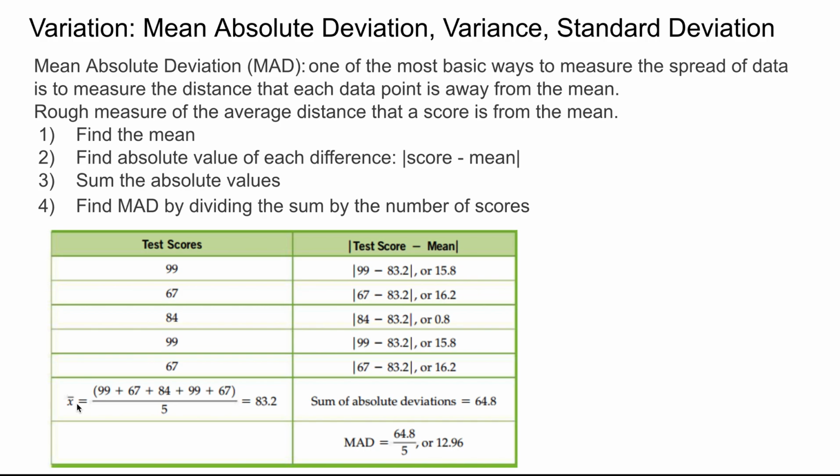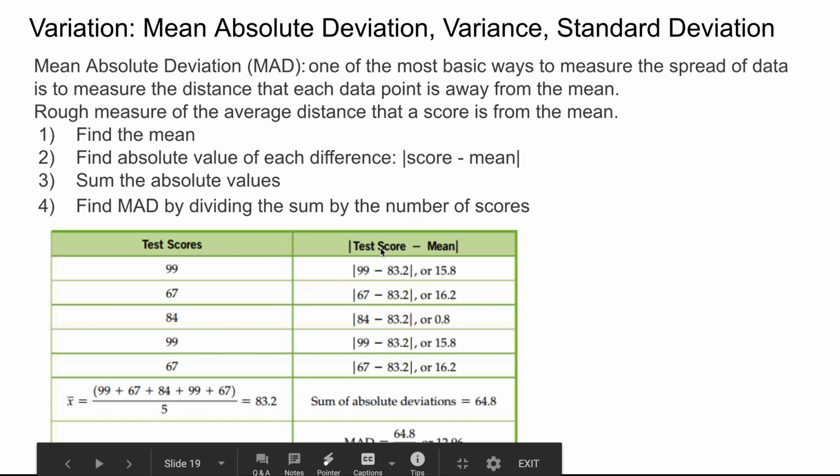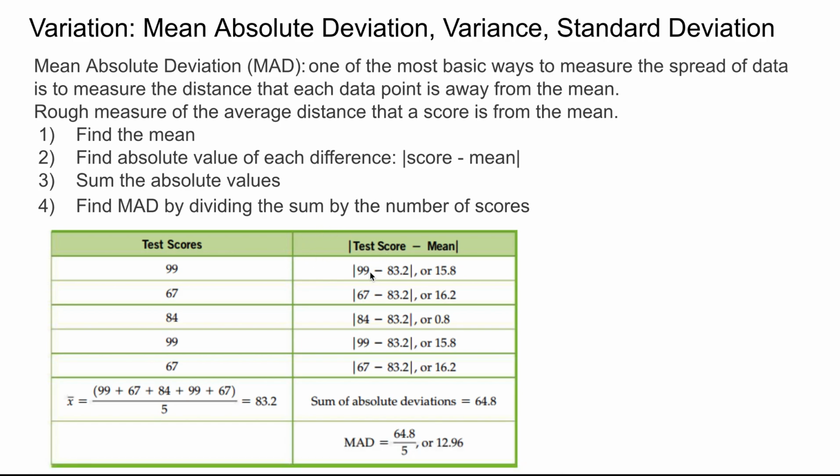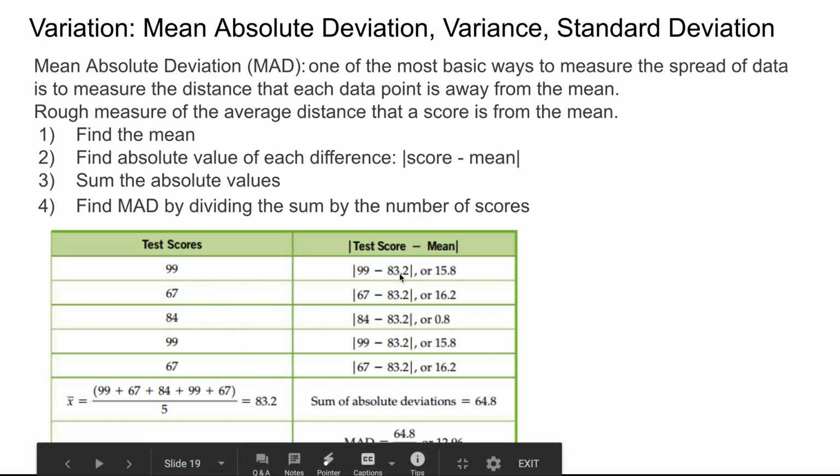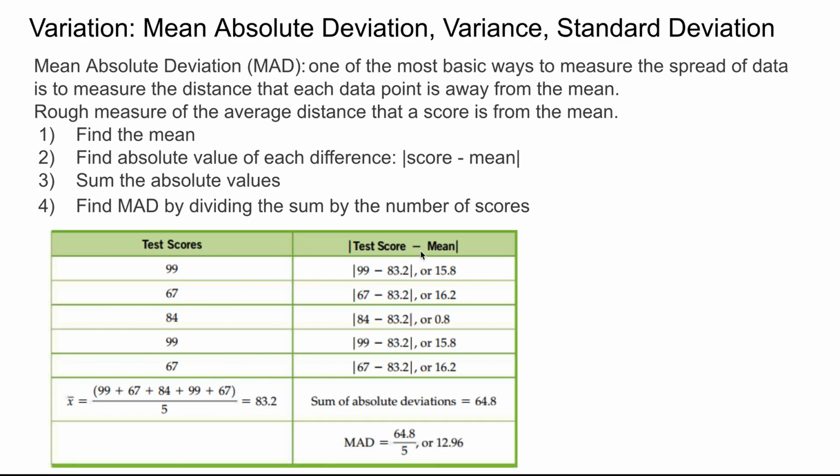Then you're gonna find the absolute value of each difference between actual score and the mean. So here in the second step, you're gonna find the difference between test score and the mean. So 99 minus 83.2 and find the absolute value, which is 15.8.